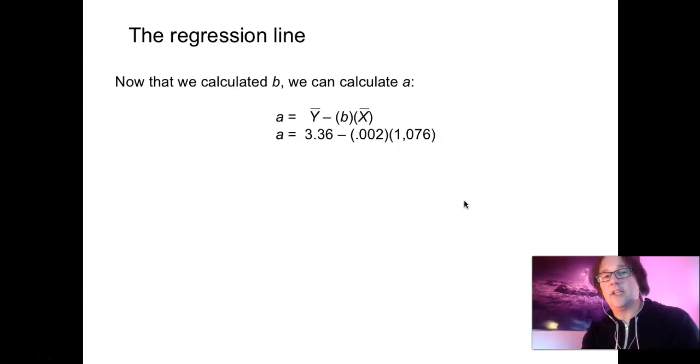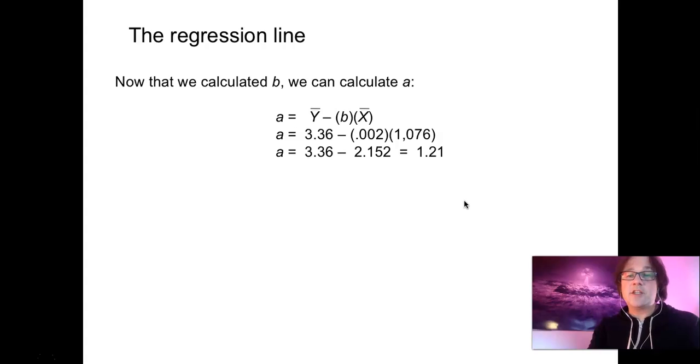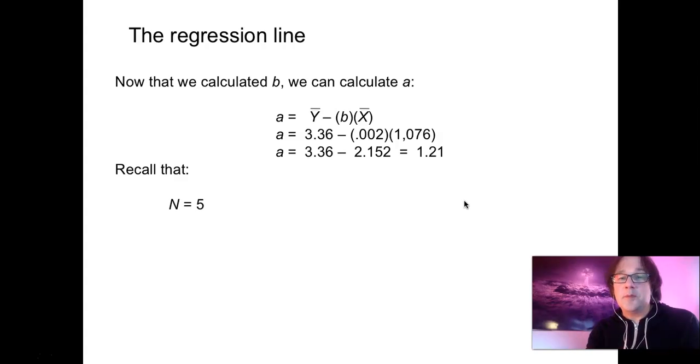Our slope, we just calculated that, 0.002, and the mean of our x scores was 1076. So we just plug and chug, and we end up with a y-intercept of 1.21, right?